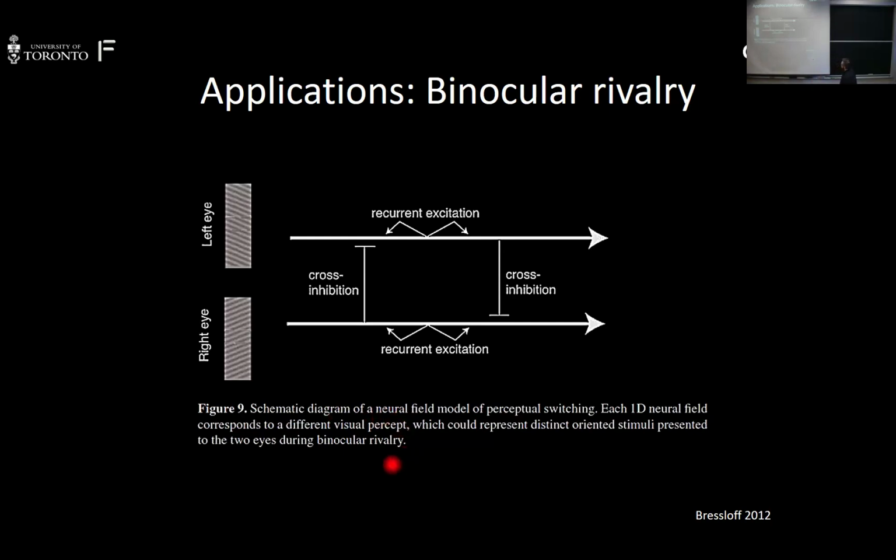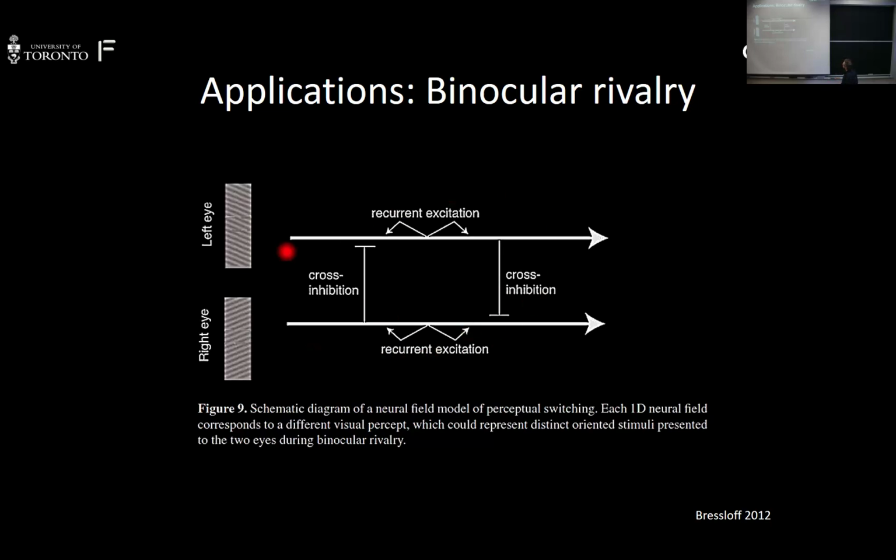This is called binocular rivalry, and the way the field structure gives us an explanation of that is, if you recall, we had a stable zone and an unstable zone. We had our fronts where this part is on, this part is off. The separation between the two comes from the spatial kernel structure.